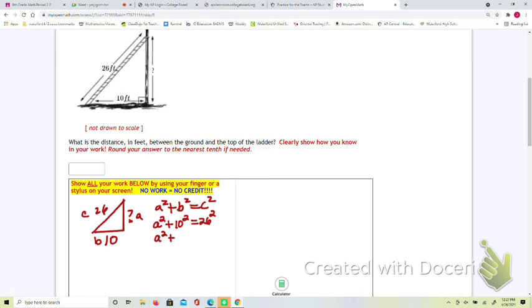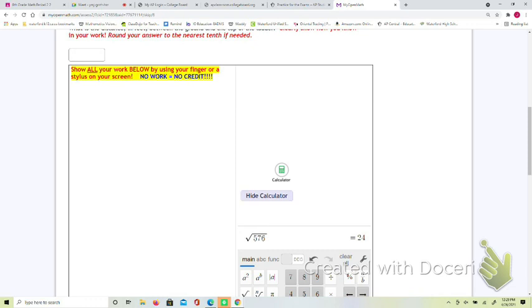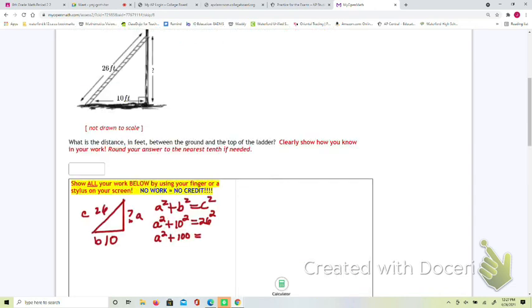What's 10 times 10? 100. Now 26 squared, I don't know 26 times 26, right? So I'm going to go to my calculator. 26 squared, I get 676. That was easy.